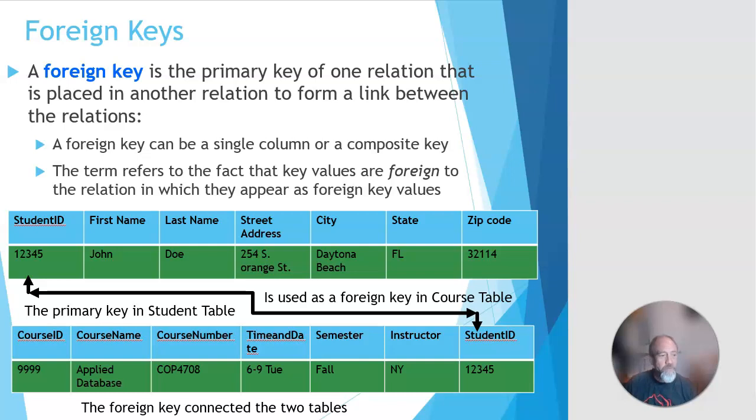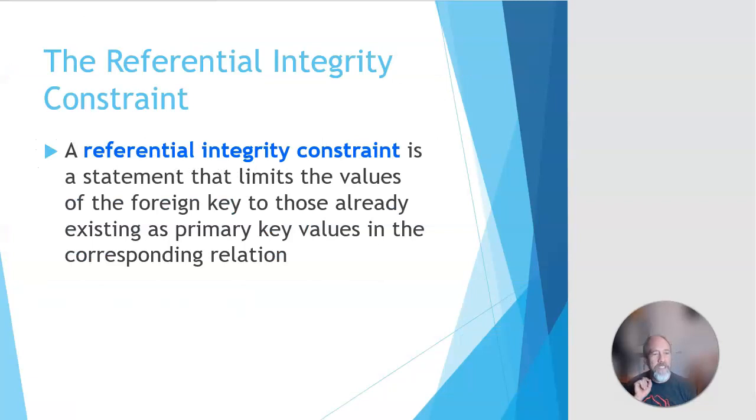So, referential integrity. Referential integrity is what keeps your database from getting messed up. It says if something is used as a foreign key in a table, it has to be a primary key in the table that you're looking at.